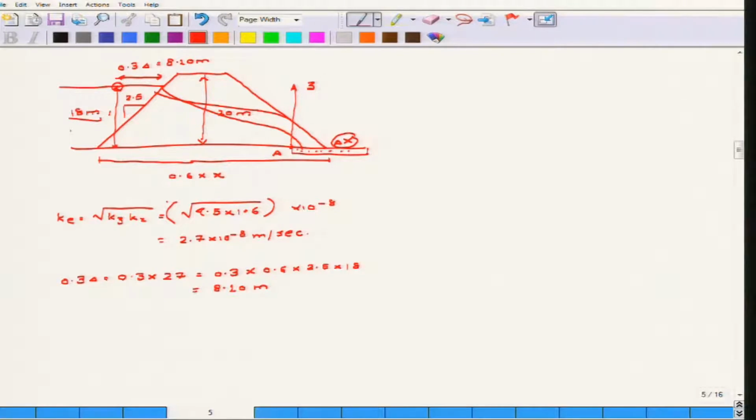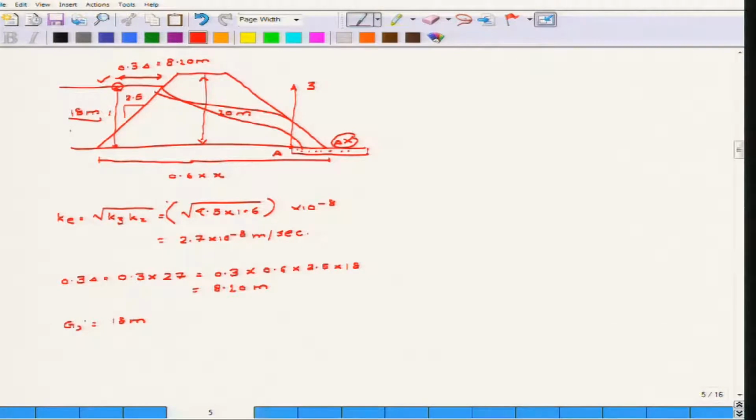Once we know that this point is equivalent to 8.10 meter, what we are going to do is find out the coordinates of point G. What is the point G? G is basically this point. How do you find out the coordinates of the point G? You first have to consider what is the 0 0 point. Once you find that, from there you find out the coordinates of the point. Obviously, along the Z direction it is 18 meter.